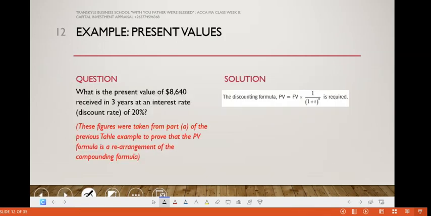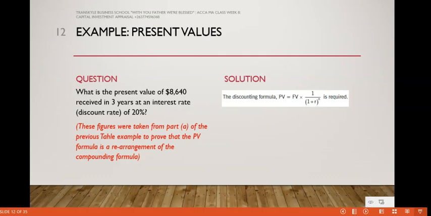Now what is the present value of 8,640 received in 3 years at an interest rate or discount rate of 20%? We are given this formula: PV is equal to FV times 1 over (1 plus R) to the power n. So using this formula, let us determine the present value.